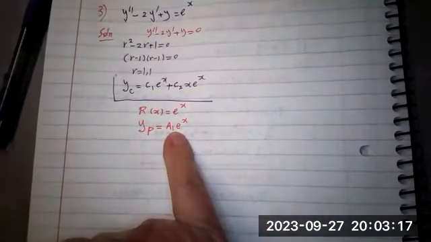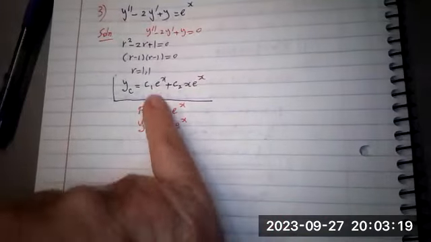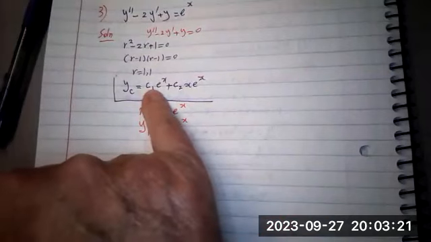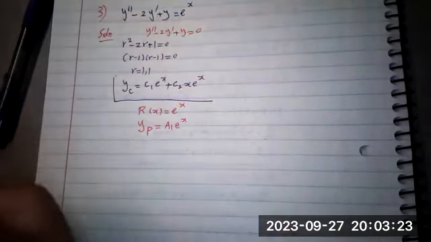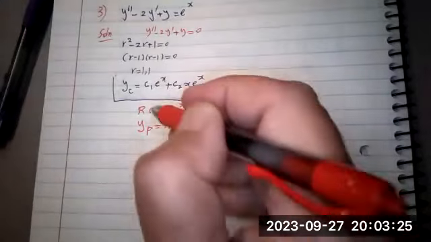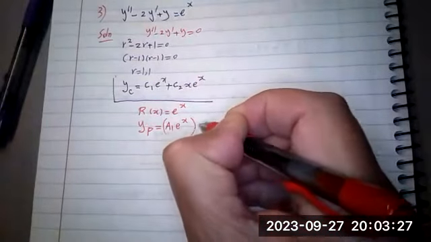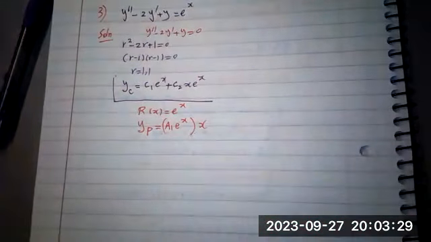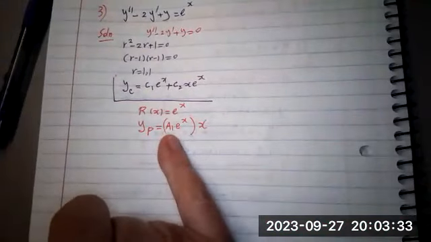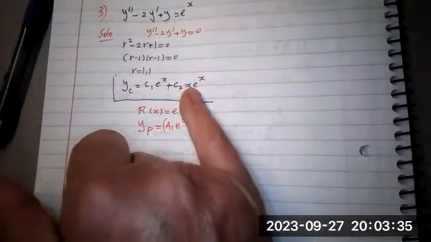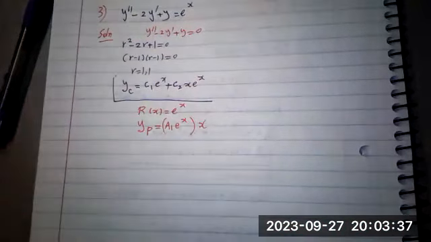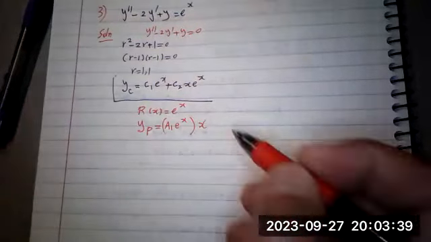There is an e to the X over here. You have to raise the power, right? So yes, we raise it once. We multiply by x and check again. We have x e to the x, and x e to the x is also here. So we have to raise the power to x squared.